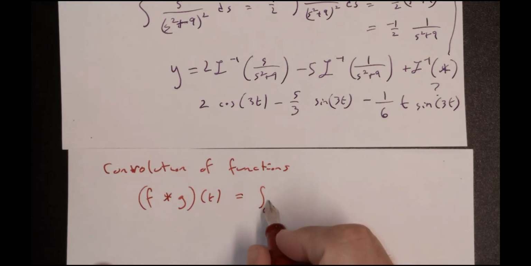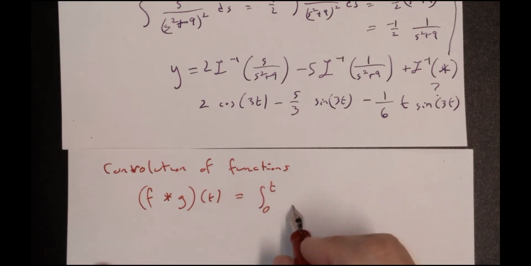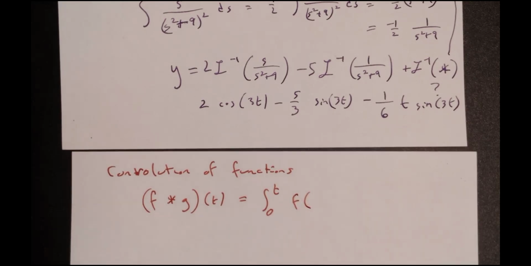And we're going to integrate from 0 to little t of f of, I need a dummy variable. The textbook uses the Greek letter tau, which means I have t's and taus in the same problem, and I always mix them up. So I'm going to change the letter.